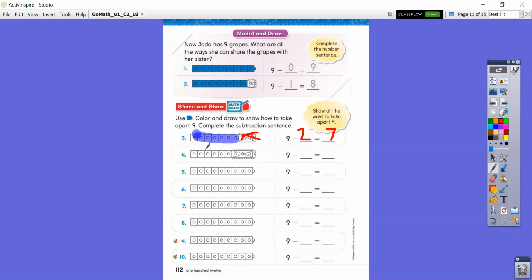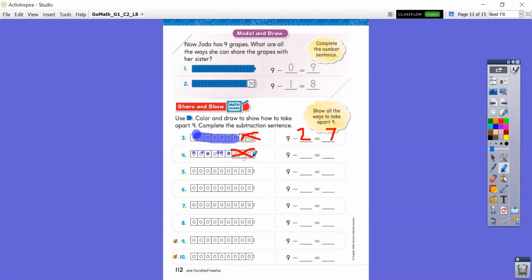Again, she's starting with the same exact number. She still has 9 grapes. This time, she's going to share 3 of them. So she crossed out 3 here. Okay, we can make these blue. So she's going to keep 1, 2, 3, 4, 5, 6 of them.